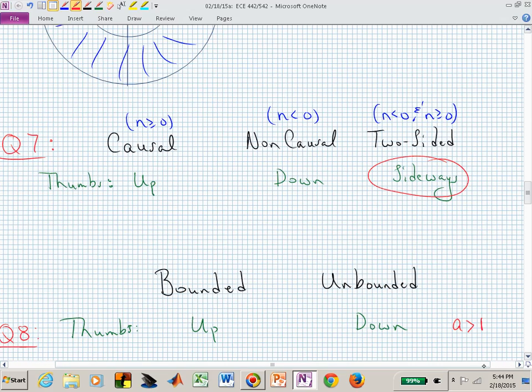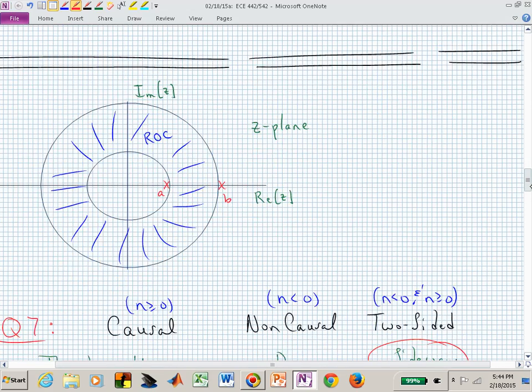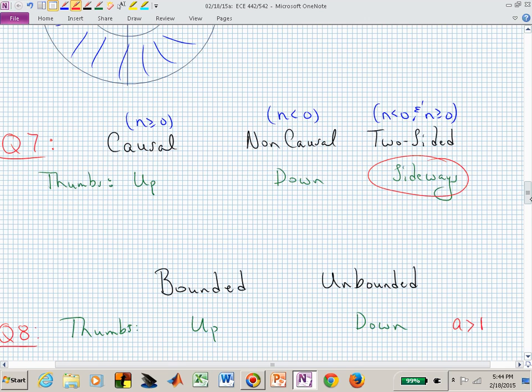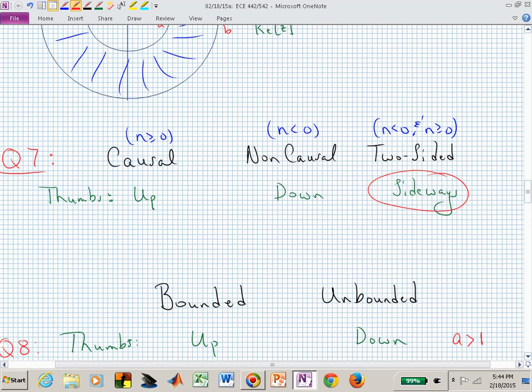Suppose A is bigger than 1, bounded or unbounded for your thumb at the count of 3. So A is bigger than 1, two-sided, 1, 2, 3.